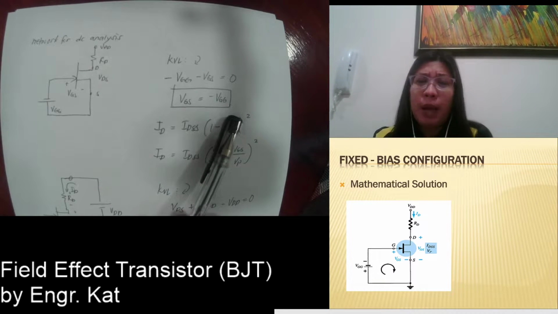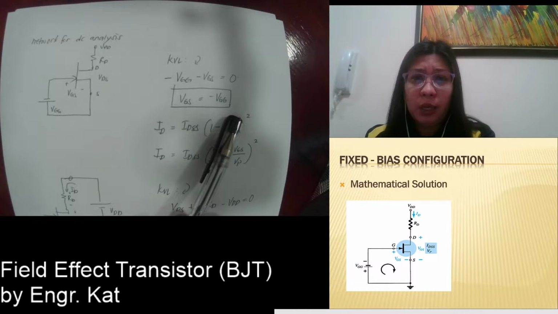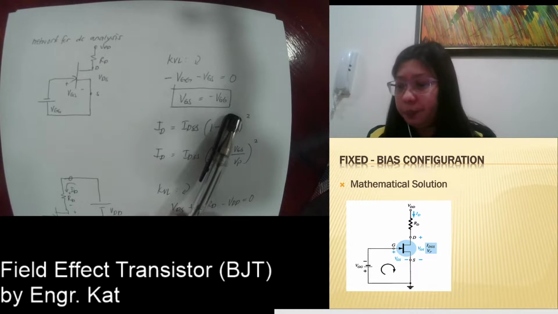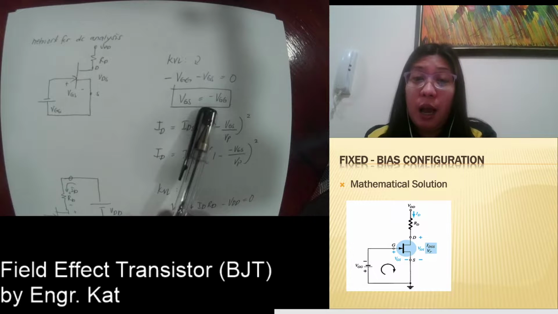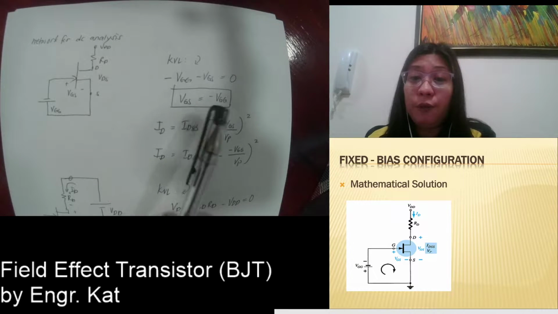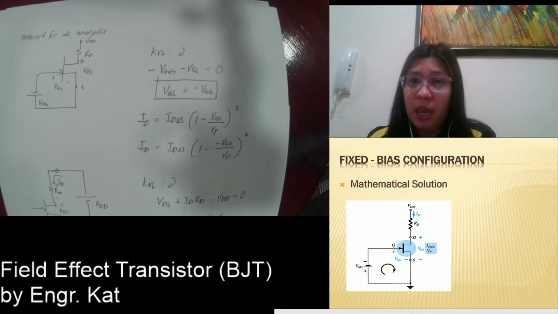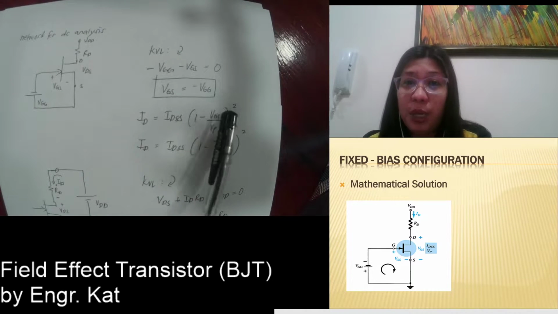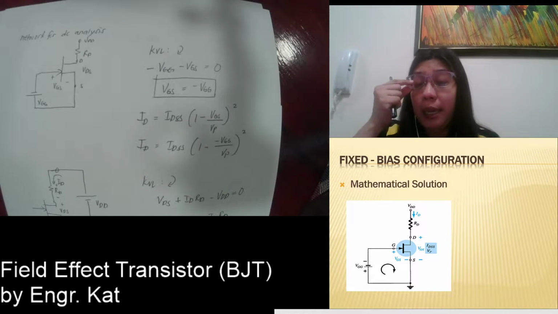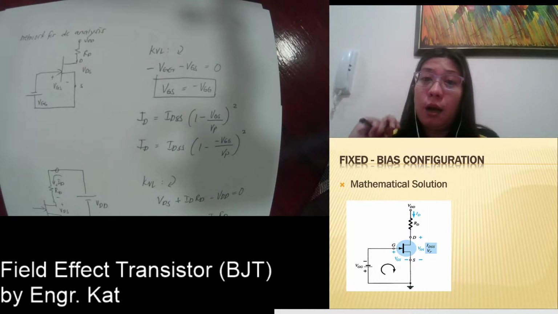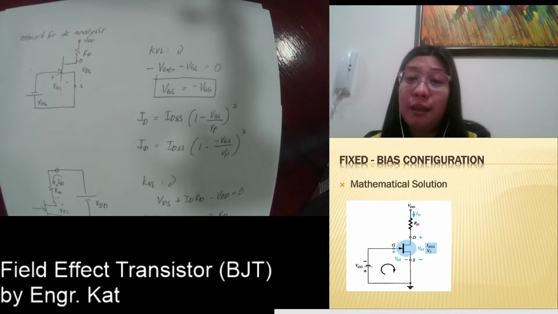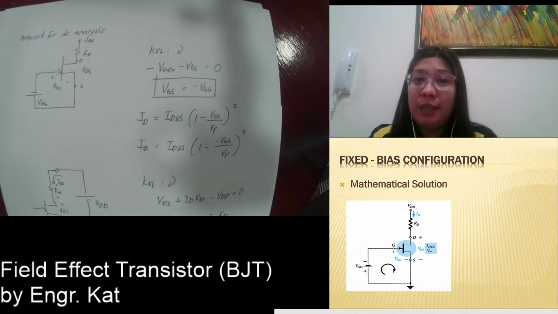This is correct because we said that your VGS must be reverse biased, and the negative sign here just confirms that your VGS is indeed negatively biased. Okay, this is likewise very straightforward. This is the simplest biasing configuration, where we can get the answer directly.